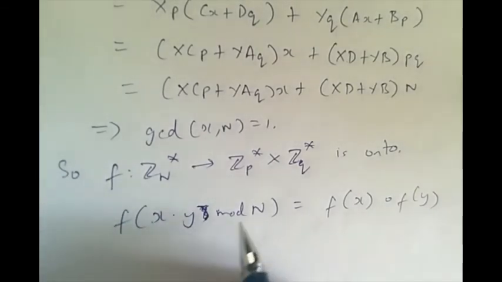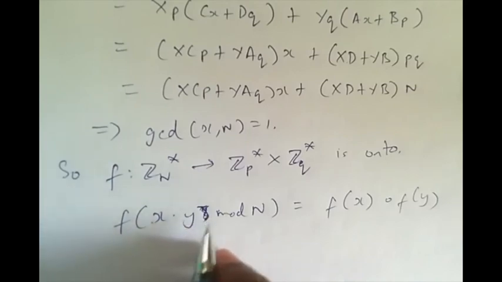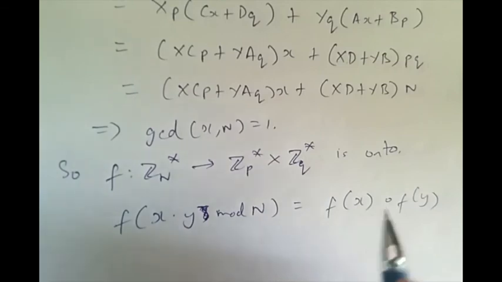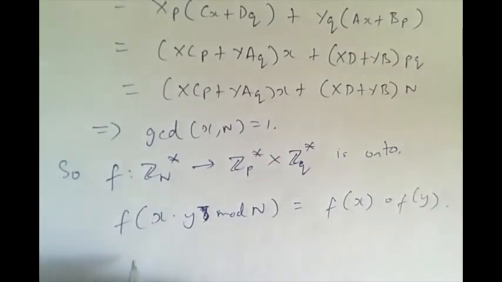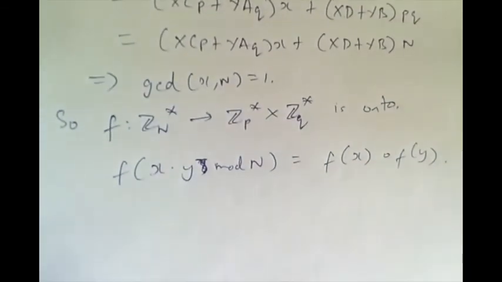So we have to check this, so I'm going to skip that, it is easy to check. It's just some mechanics. So this completes the proof of the Chinese remainder theorem, CRT.